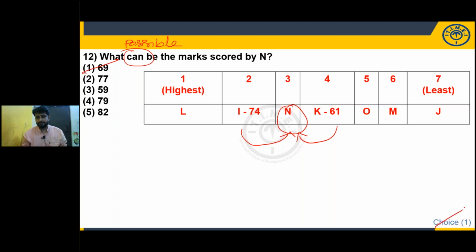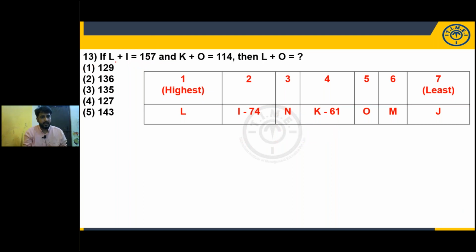Choice 1. Now this one is a new question type. Question number 13. L plus I is equal to 157. And you know the I value is 74. So you have to find out L. How to find out? L is equal to 157 minus 74, which is 83.